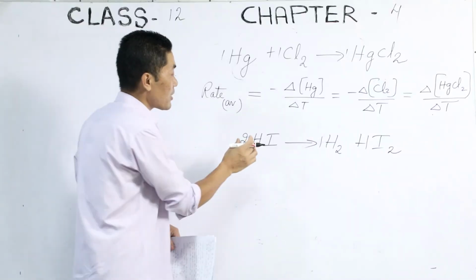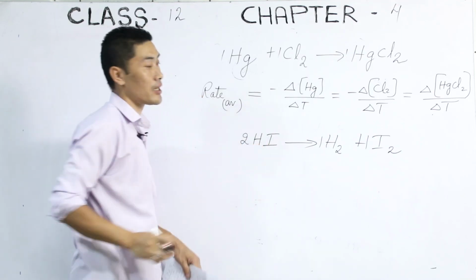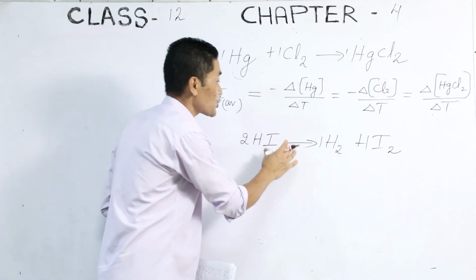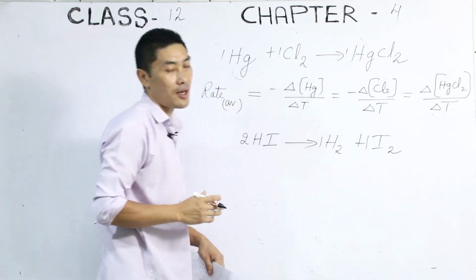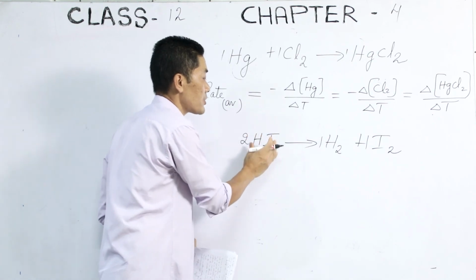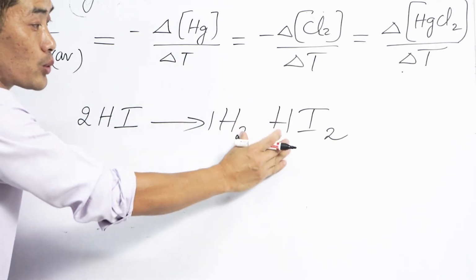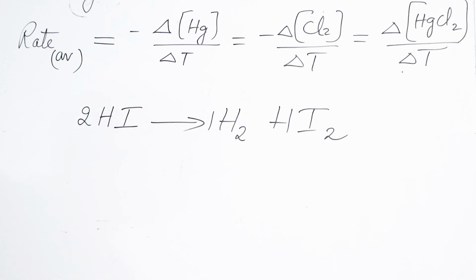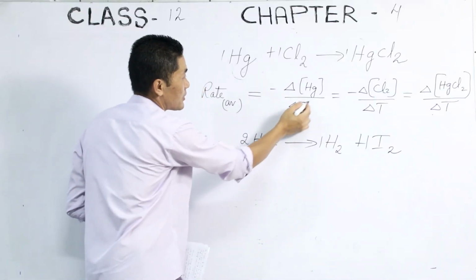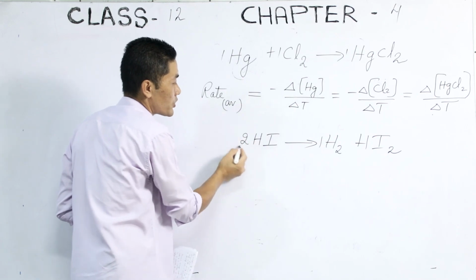Since the stoichiometric coefficients are not the same here, and the rate of disappearance of the reactant is not equal to the rate at which the products appear, we have to divide these equations by the stoichiometric coefficients.